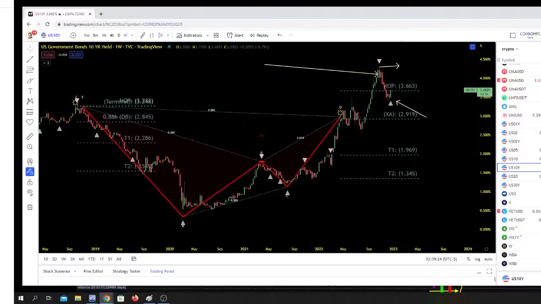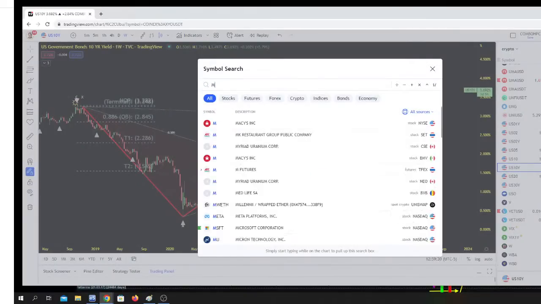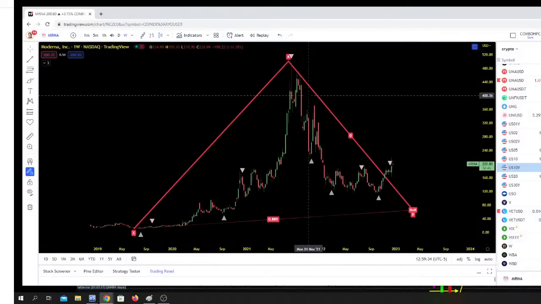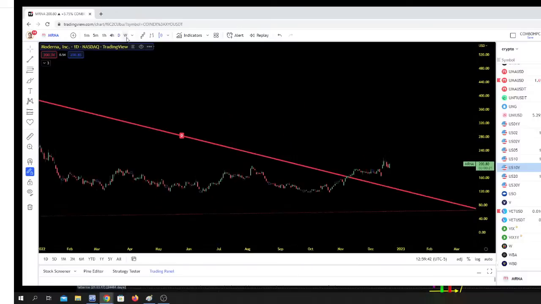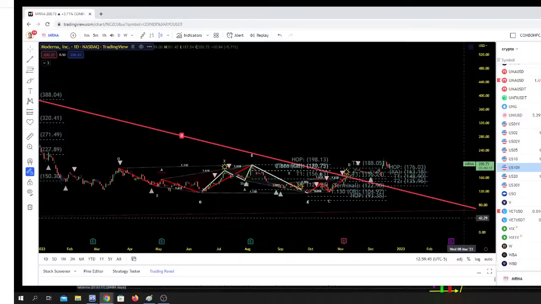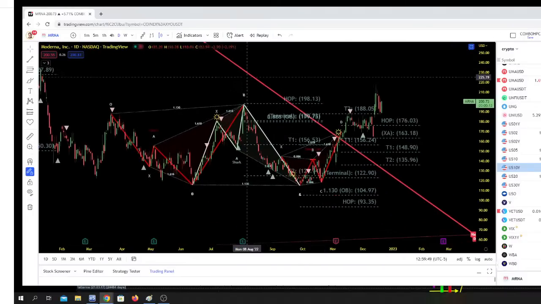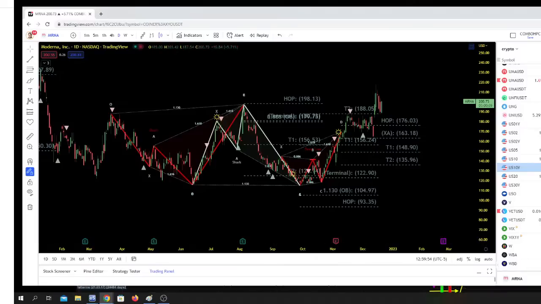Okay, really quick, Moderna. Moderna is a company I personally have a problem participating in. Have to say that. I won't even get beyond that, but I do look at this and say stick with the patterns.